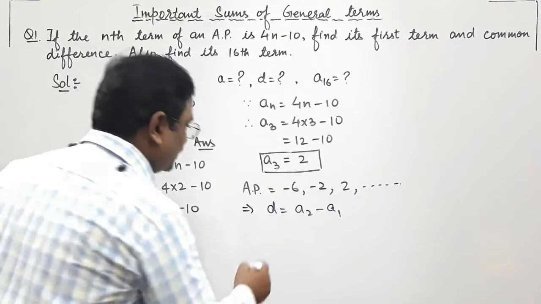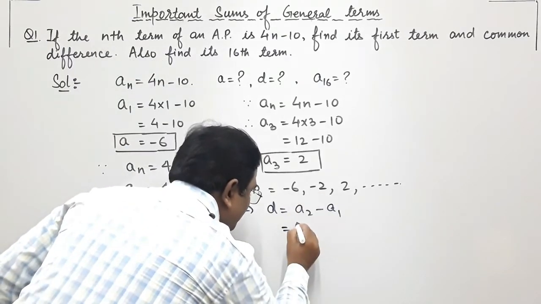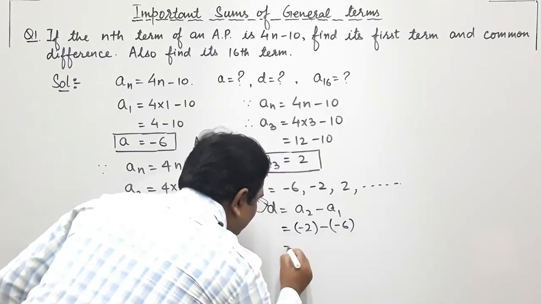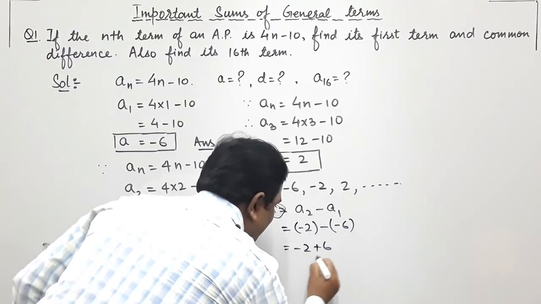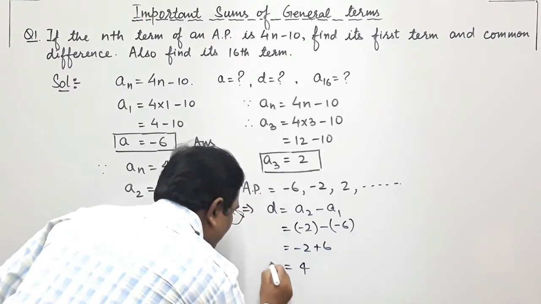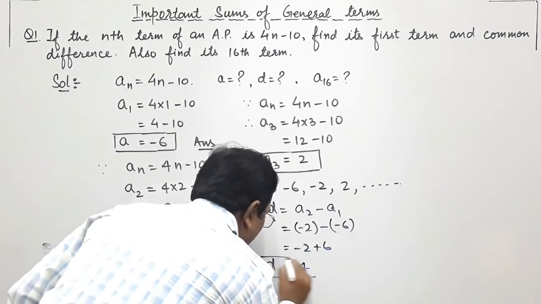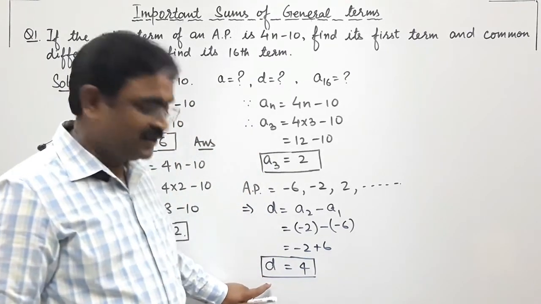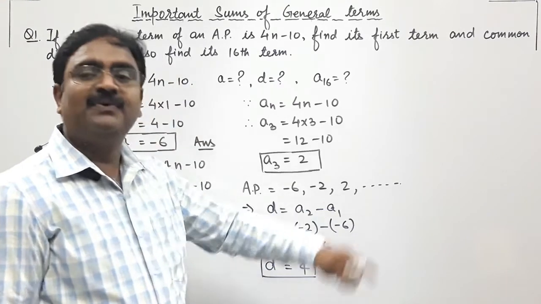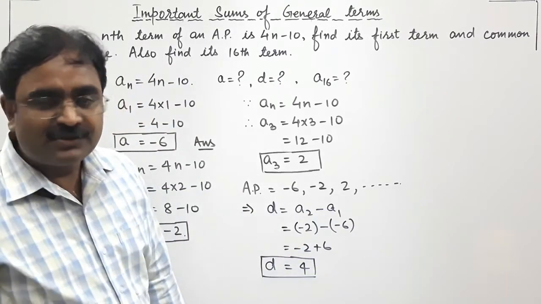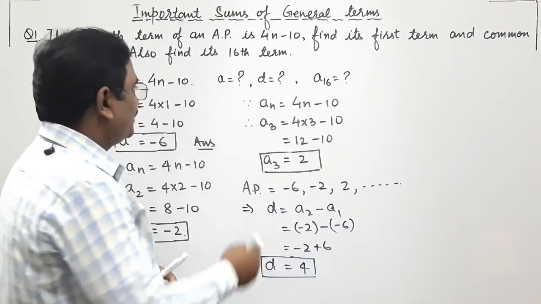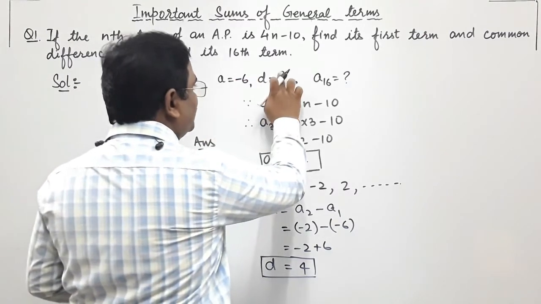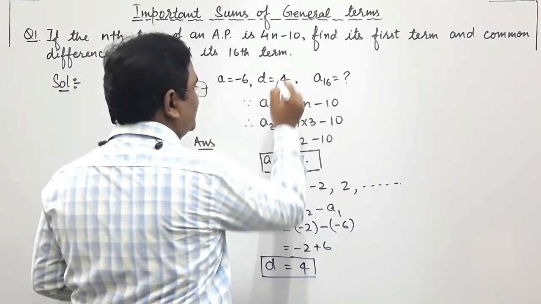When you substitute करते, second term is minus 2, minus a1 is minus 6, minus 2 plus 6 which is equals to 4, that is the common difference also. Okay बच्चों, कोई problem? So common difference d is equals to 4, that you got the common difference also. Sure. Now you got the first term is minus 6, common difference is 4.